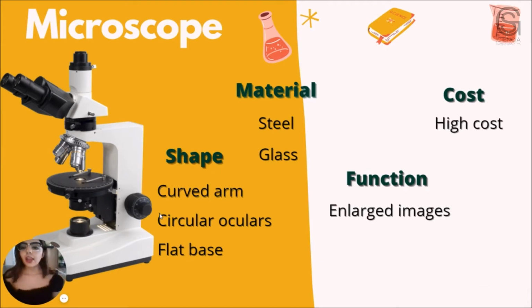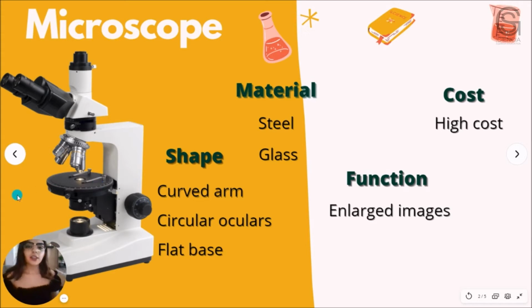Then it has circular oculars, those ones, the 4 circular oculars, whose main function is to enlarge images in order to analyze them. And then it has a flat base, that is this one, okay?